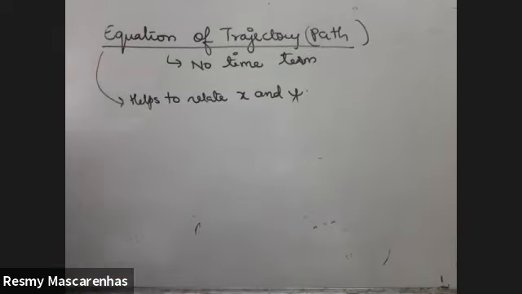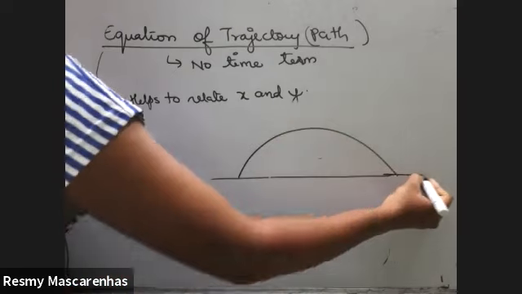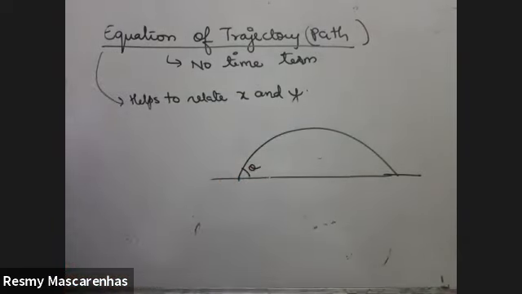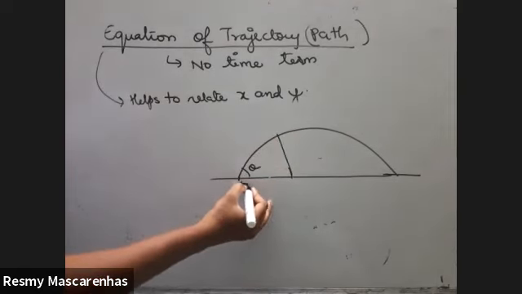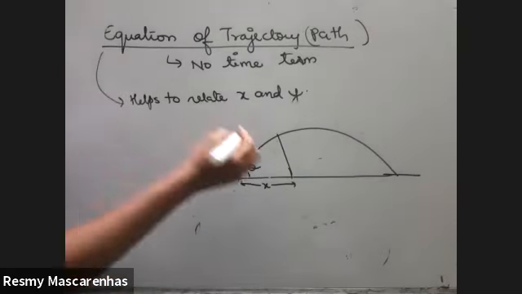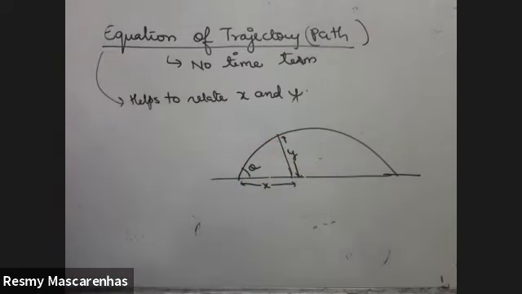Now we'll try to derive the equation for a normal path. Any path, we will consider now like this. This is your theta. So we'll consider up till here maybe. We'll take this distance as x and this part is y. This is u.